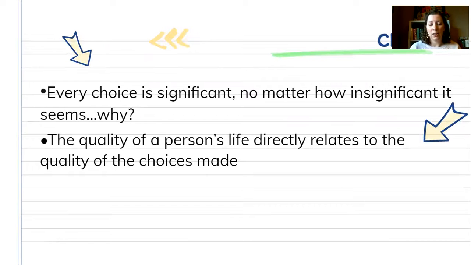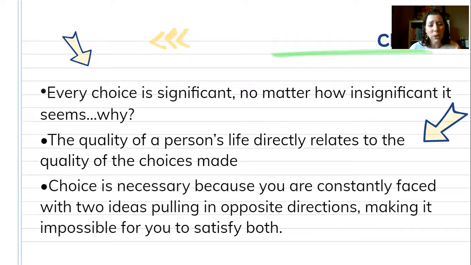If we make the choice to eat fast food for 2 meals 7 days a week, so that's 14 meals of fast food, that's going to impact the quality of our life. It's going to impact our health. We may not notice it immediately, but there could be some long-term results. So to understand choice is to basically understand life itself.